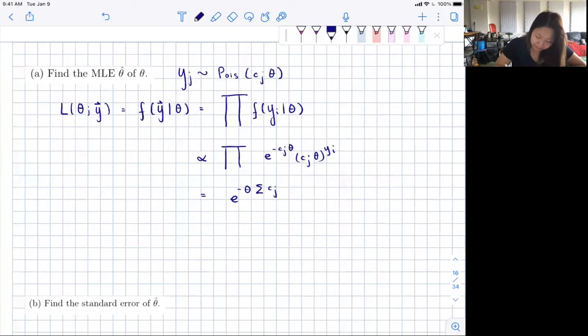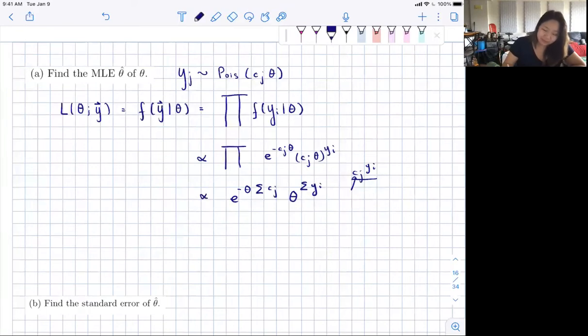And then the c_j to the y_j term is going to go away, since that's just of the known c_j's and the data y_j. So we just want the θ, which is going to be θ to the sum of y_j's. So here is our likelihood.